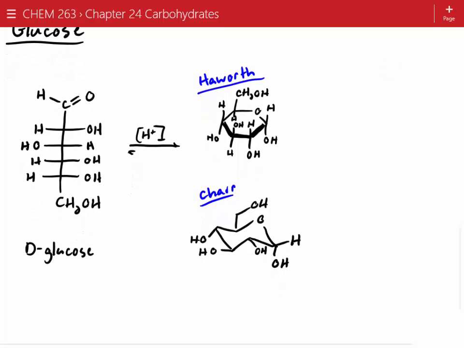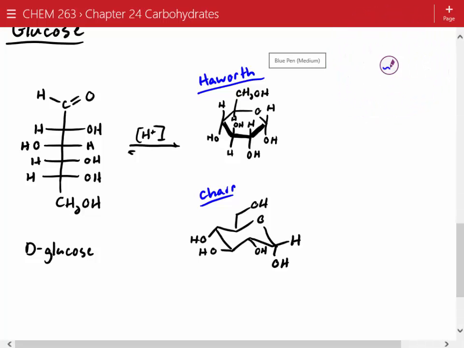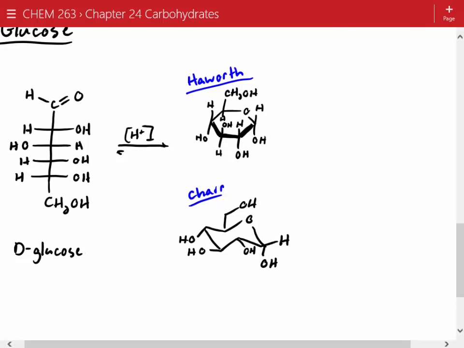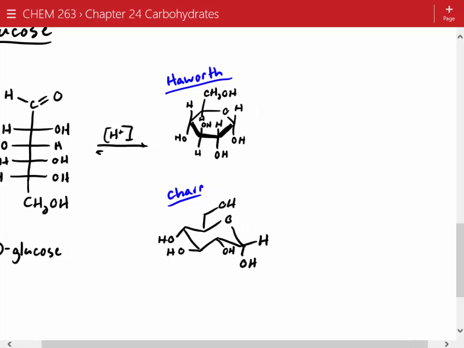All right, so we've got the chair conformation. Let's just really quickly do the other conformations, and then we'll address why we have two different possible products out of this.